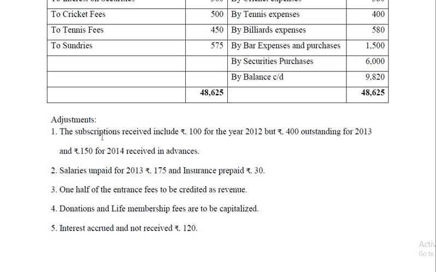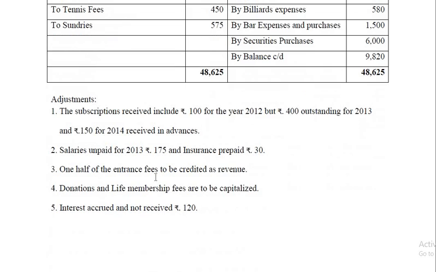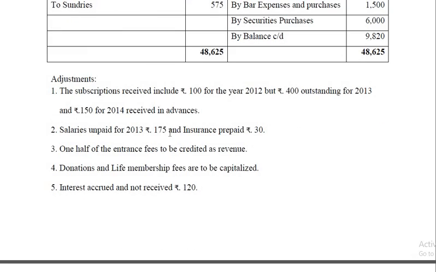First, we'll look at the adjustments. Along with that, we'll also look at the receipts and payments account. The first item of adjustments is the subscriptions received are 2,800. These include 100 rupees for the year 2012.